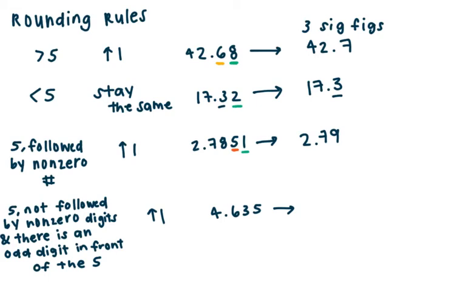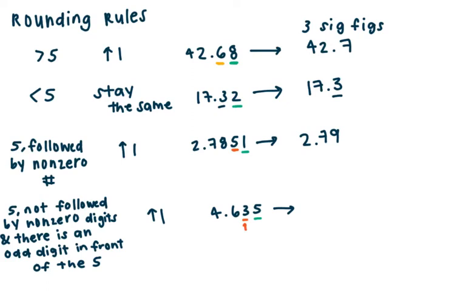Okay, 5 not followed by non-zero digits, and there is an odd digit in front of the 5. You're going to increase by 1. So here's 5, and in front of the 5, we have an odd number right here.